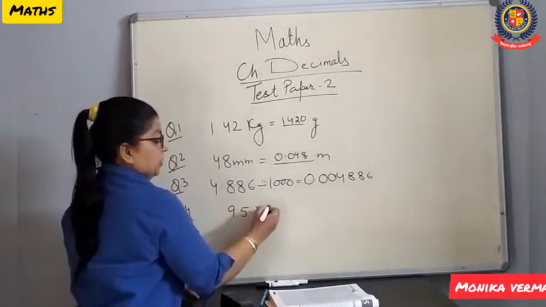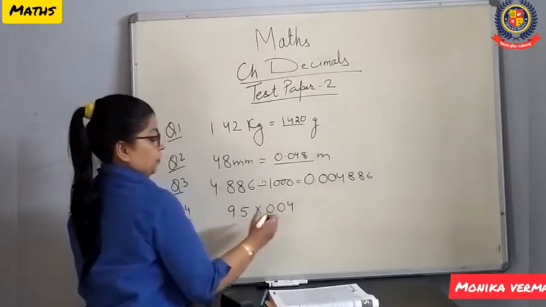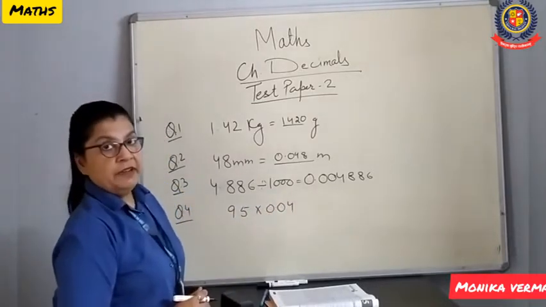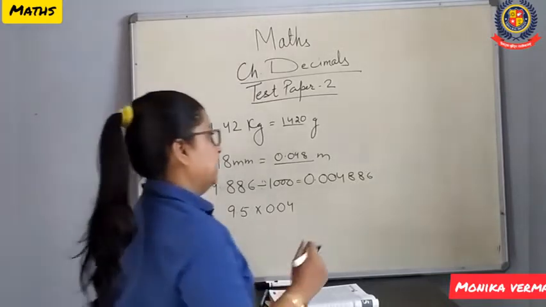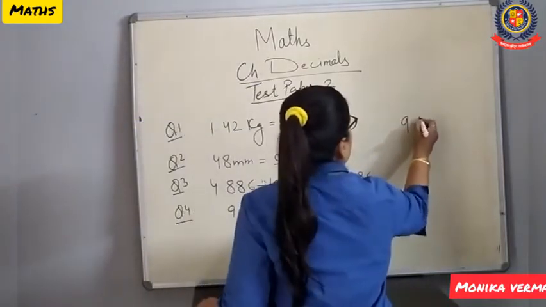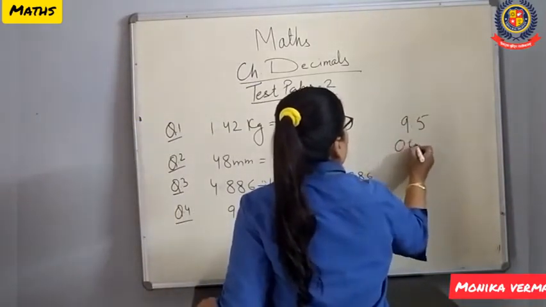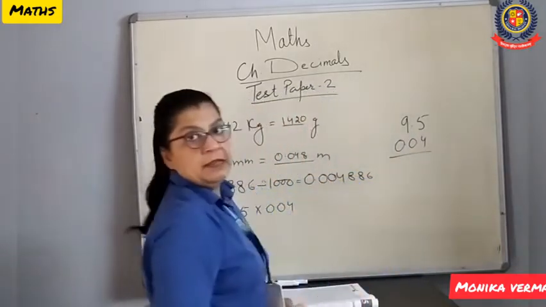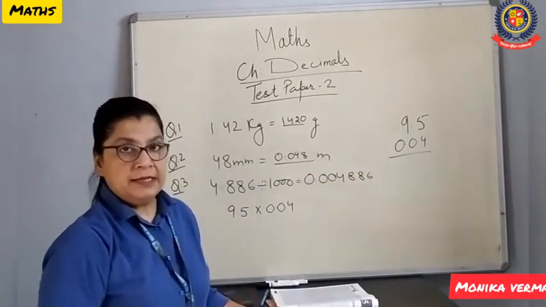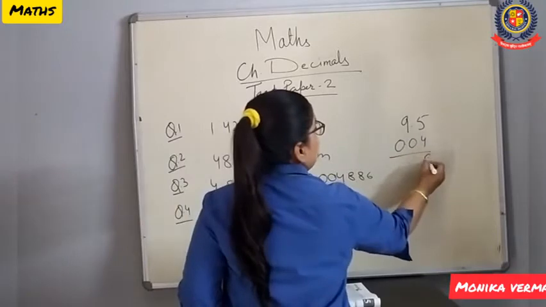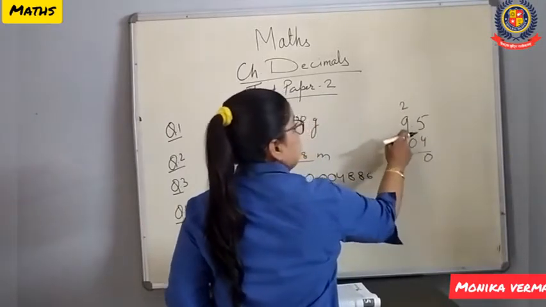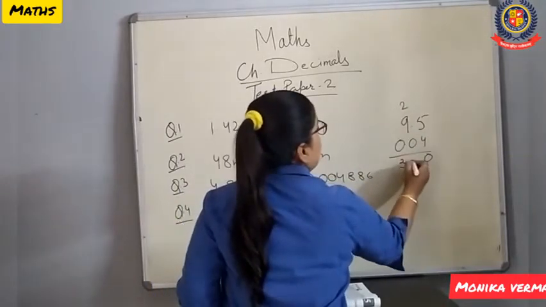Question number 4. 9.5 into 0.04. We will multiply it. 9.5, 0.04. We'll multiply the digits, then we put the decimal. 4 5s are 20, 0, 2. 4 9s are 36 plus 2, 38.